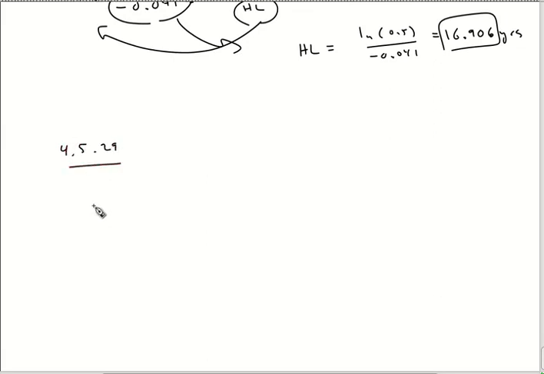4.5.29. I have A is equal to A not e to the kt. I think they give you that formula here, which we've already seen, but they give it to you, okay? And they say that half-life is equal to 15 years.